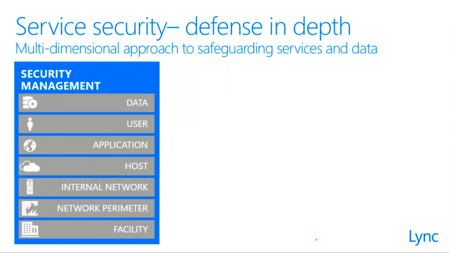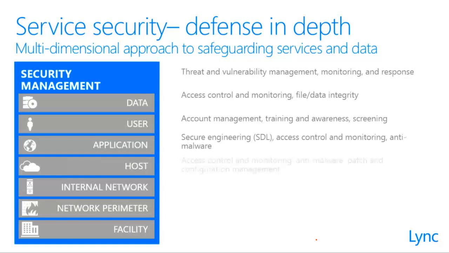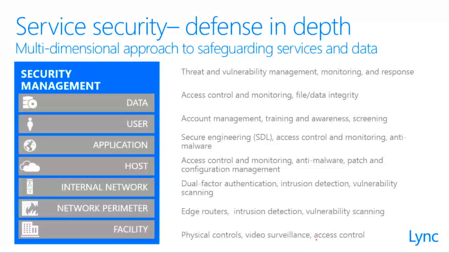As users we cannot do anything about it, but we take care of all that security in the Office 365 data centers. We have implemented access controls from the host site perspective, the internal network, the perimeter network, and also access control for the facilities.